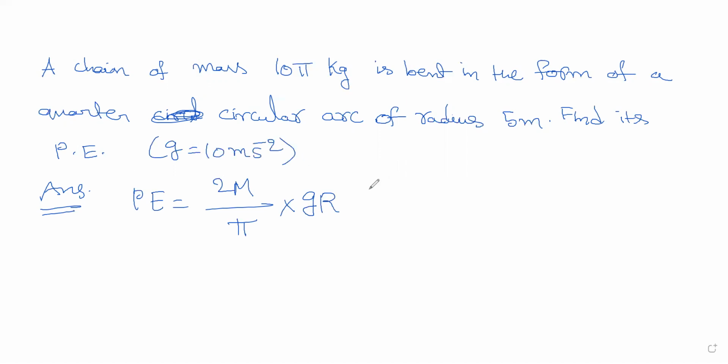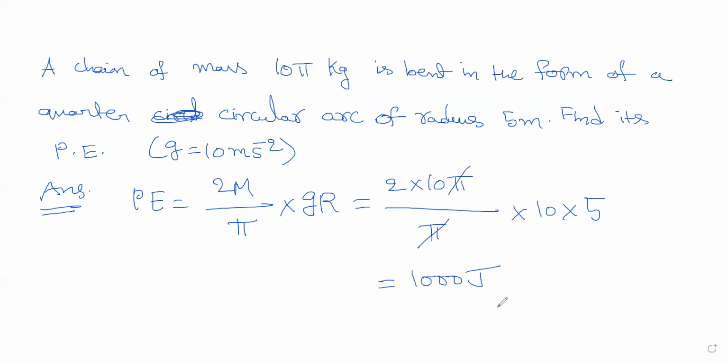So here 2 into the mass of the chain, 10π kg, whole divided by π times g is 10, r is 5 meters. So you can see the π gets cancelled, and that's about 1000 joules. That's how you can find the energy.